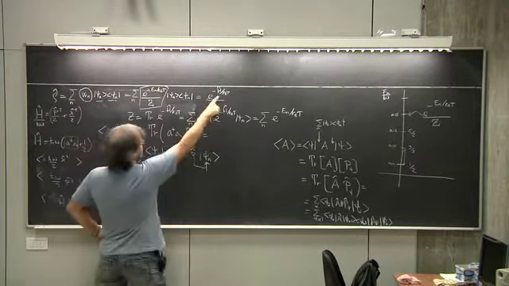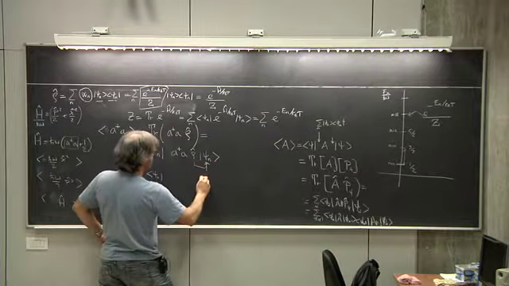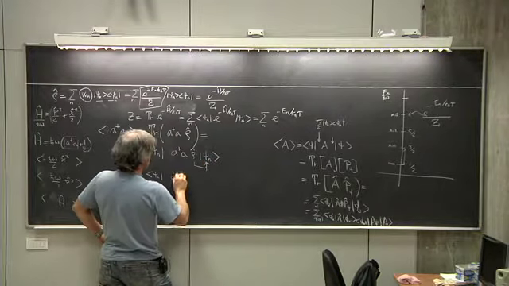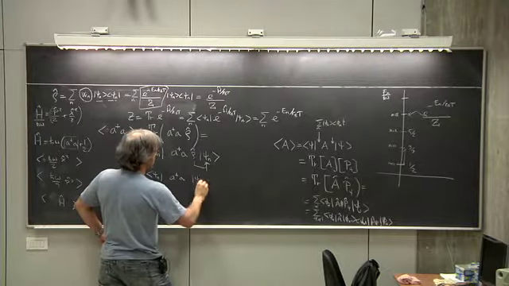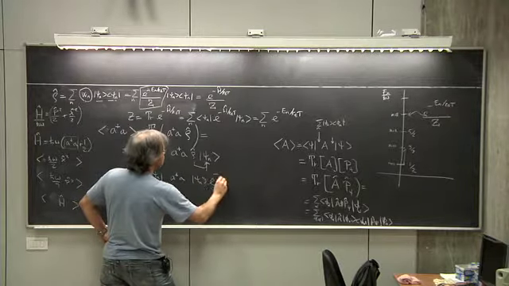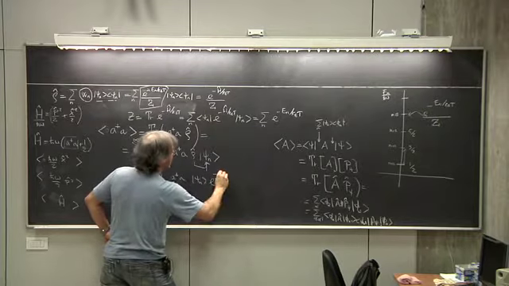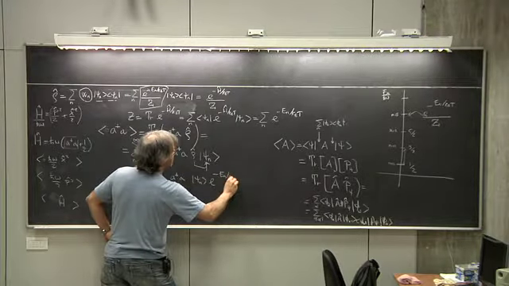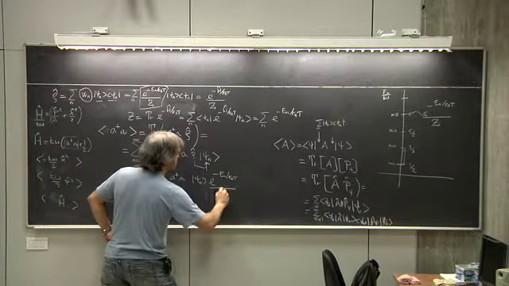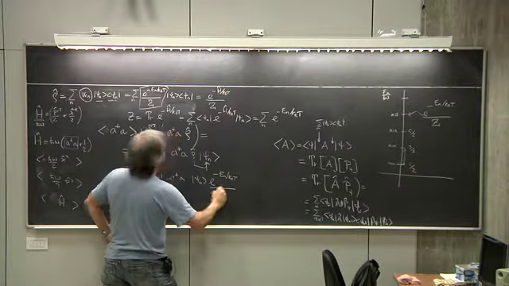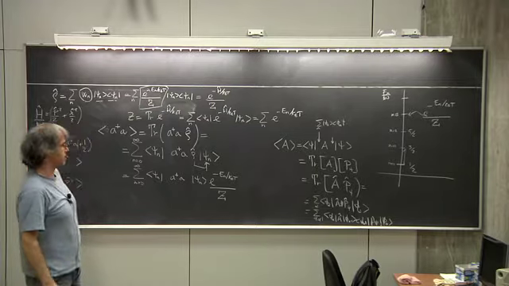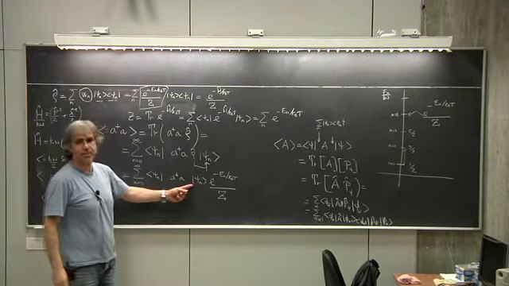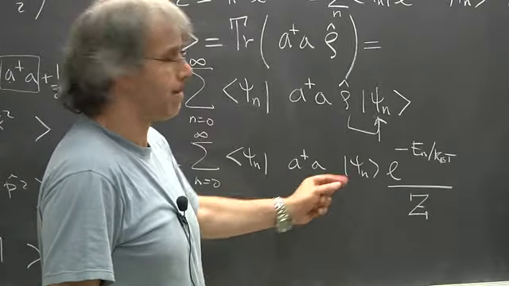This thing acting on this state will give me a factor e to the minus En over kBT divided by Z, a factor which is essentially this, times the same state, because it's perfectly diagonal.